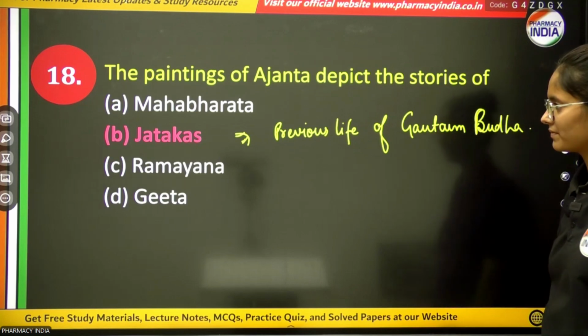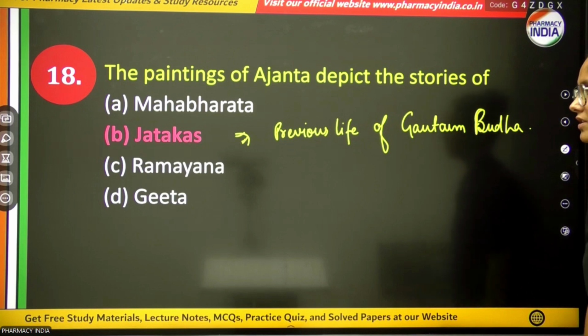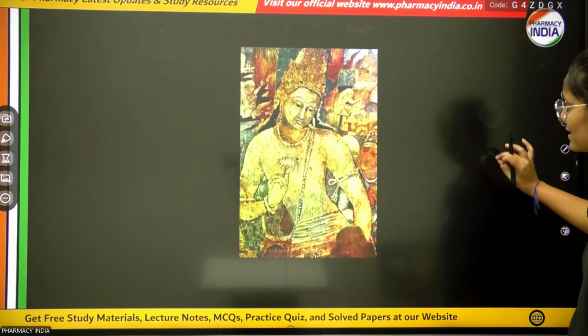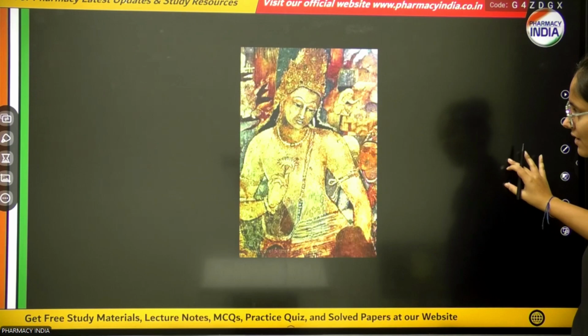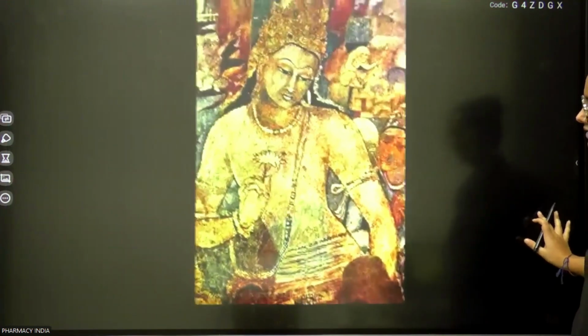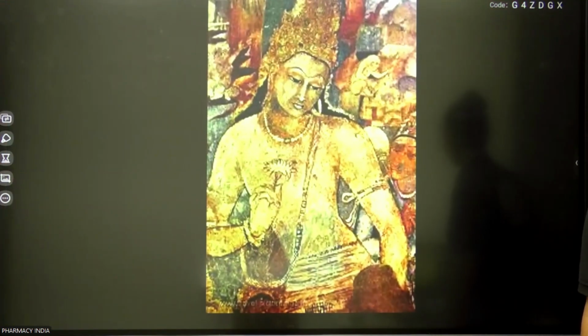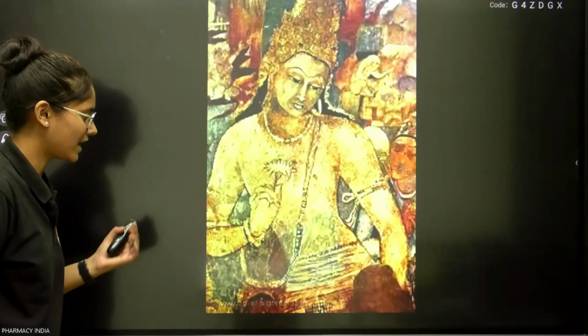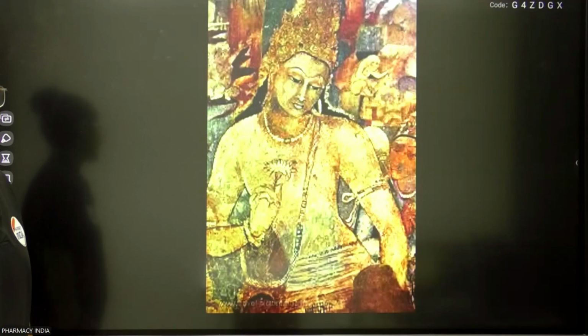Those are the Jatakas which were depicted by the paintings of Ajanta caves. This is a sample, or you can say a painting, of an Ajanta cave. It is very clear and very obvious, and it is a story, or you can say a picture, of Buddha.